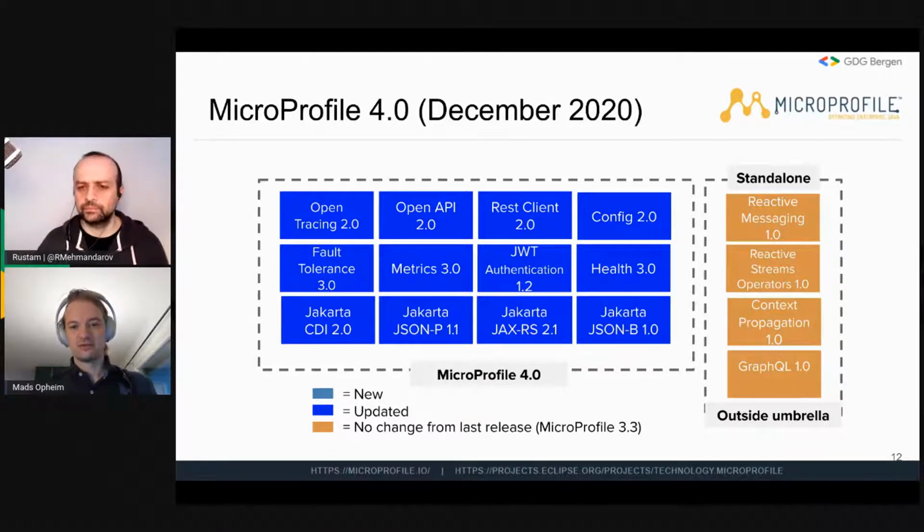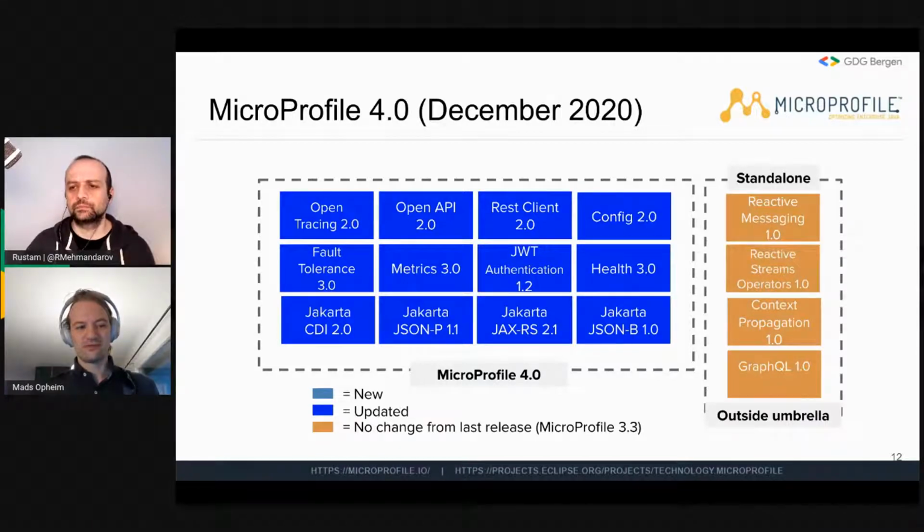Yep. And Jakarta and MicroProfile fit different needs, so to say. Exactly, because if you had to pull all the Jakarta EE stuff into a microservice, most of it would probably be left unused, and it would be too big of a bulk to keep all that.